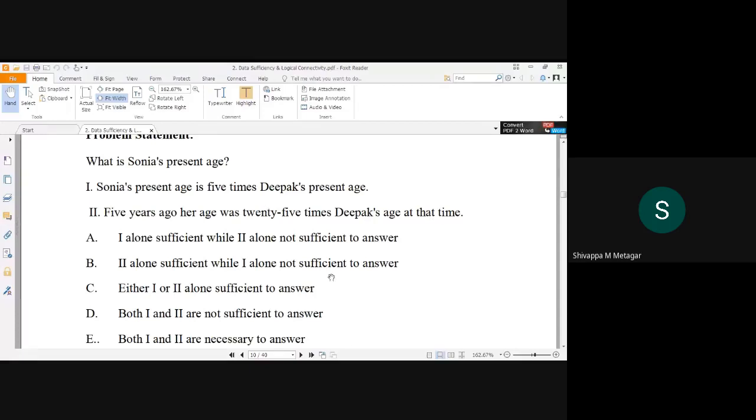Then you can solve using statements 1 and 2, and easily find Sonia's present age.